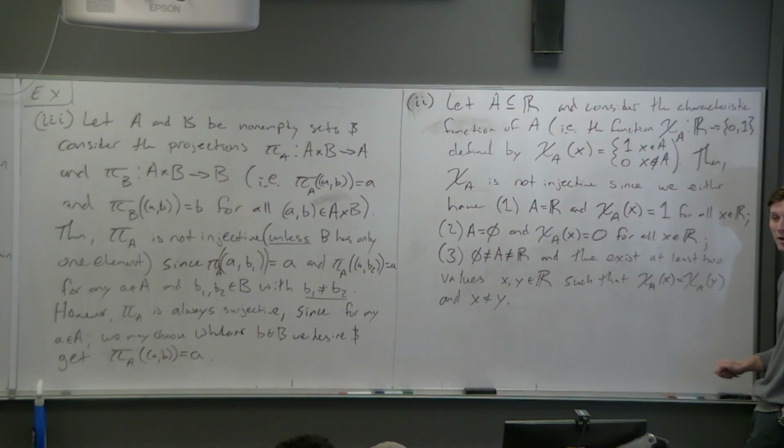Or if A has only 1 element, then there are at least 2 things outside of A. So you can break it down into those 2 cases, and then show in either case you get non-injectivity. But to keep it pithy, you can see what's going on well enough without that. Does that feel sensible or no?